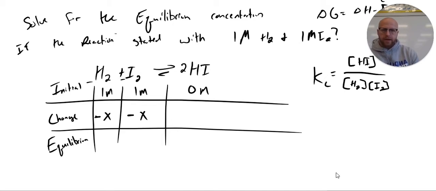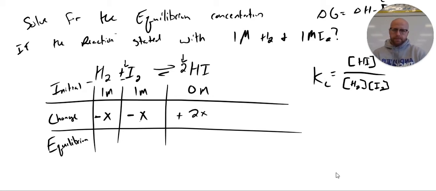My change for HI is going to be a plus, because I can't decrease the concentration from 0, and also it's a product, so I'm going to be making it. I don't know how much I'm going to make, but I know the ratio. I know for every one of these, I will get what? 2 of these when the reaction happens. So if my change is minus X here, my change here is going to be plus 2X.